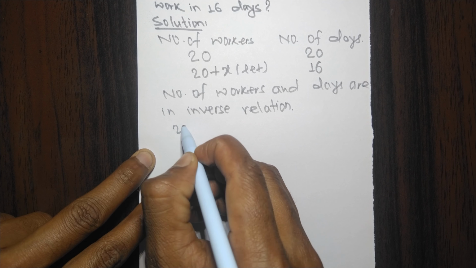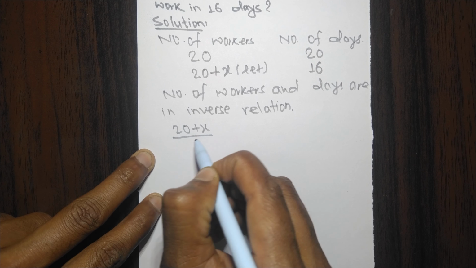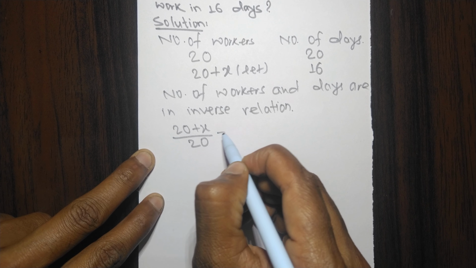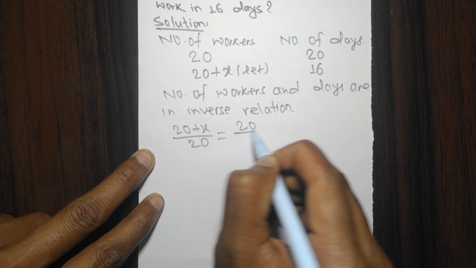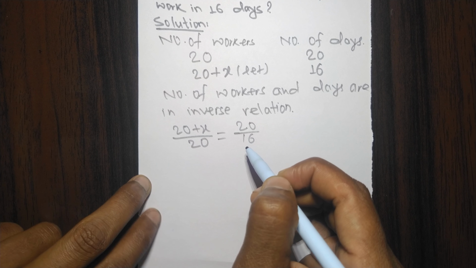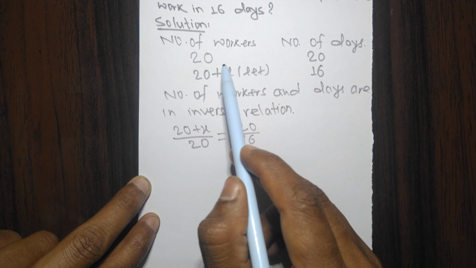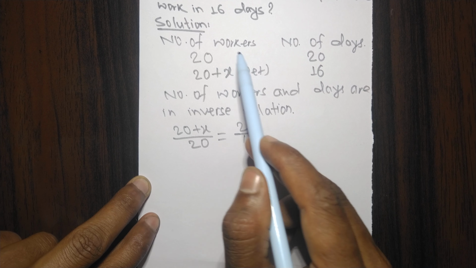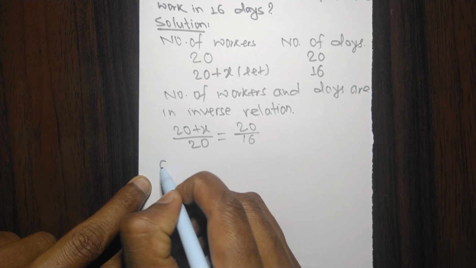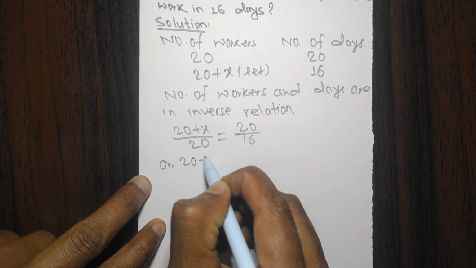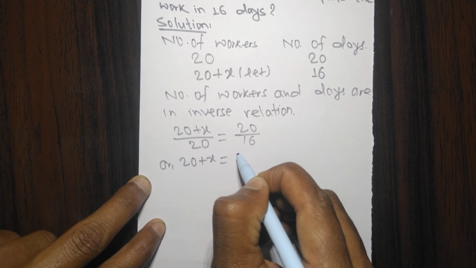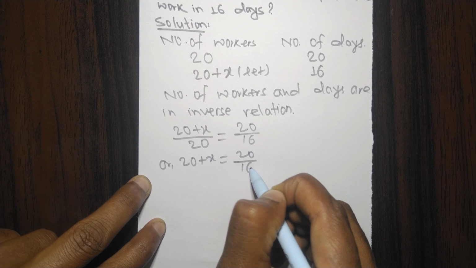So it becomes (20 + x)/20 = 20/16. So in case of inverse relation, the numerator and denominator are interchanged. So 20 + x = 20/16.